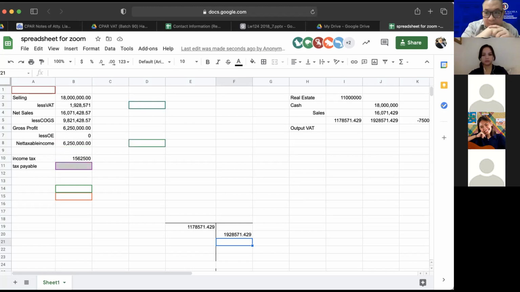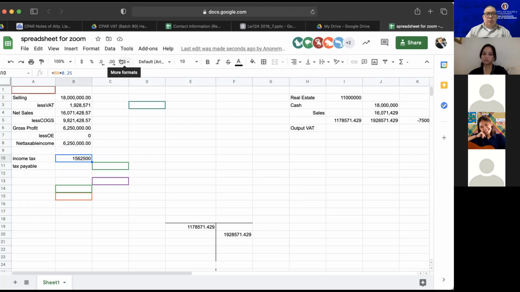No, wait. For tax payable, this is the situation now. At the time of sale, the buyer will withhold 5% from you. So how much is the 5%?